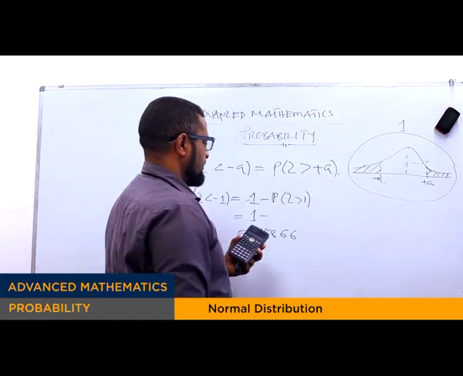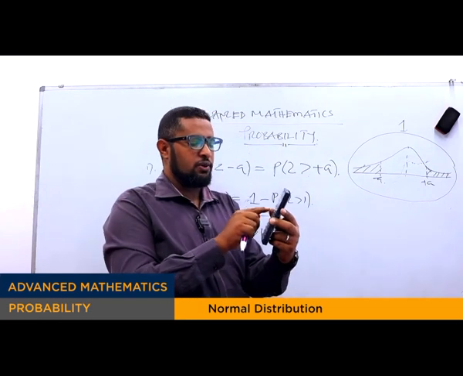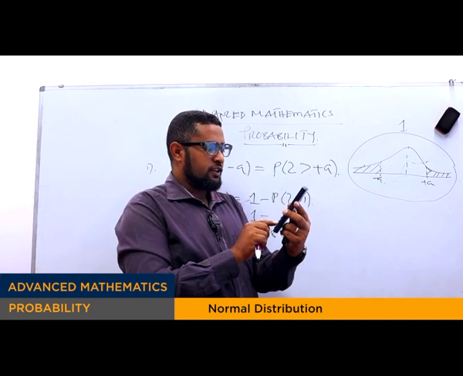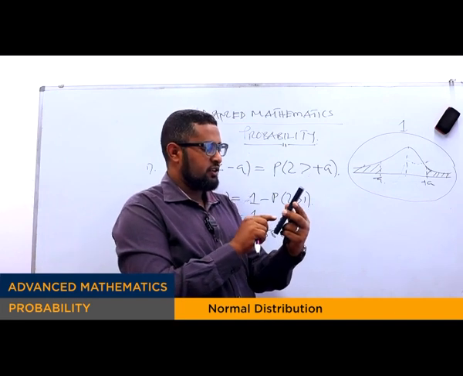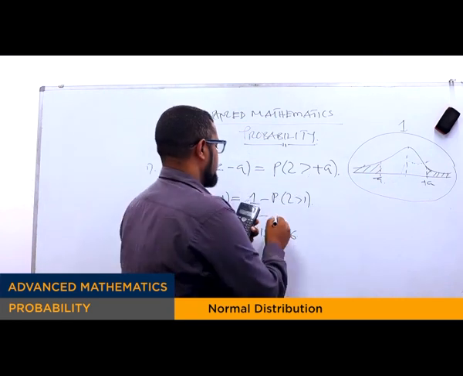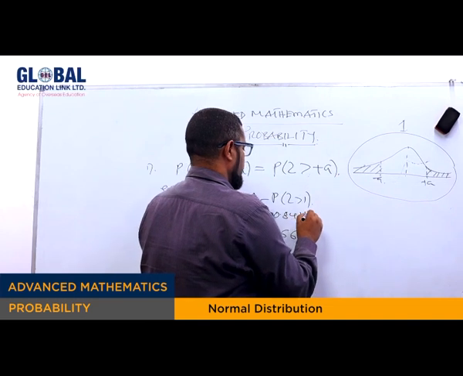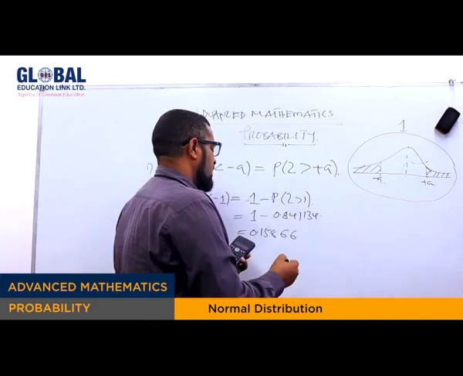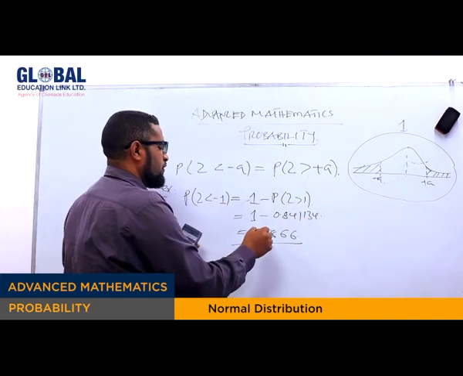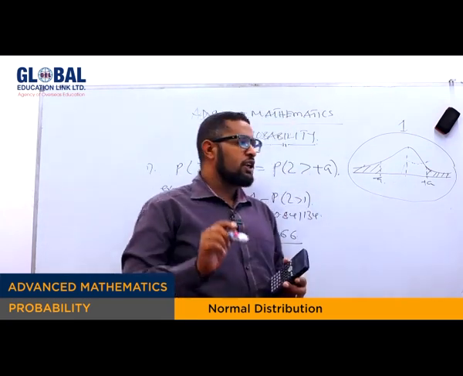That is direct, but you need to find the probability of Z when equal to 1 using your calculator. For that case, it is 0.84134. So if you subtract, you will get 0.15866.